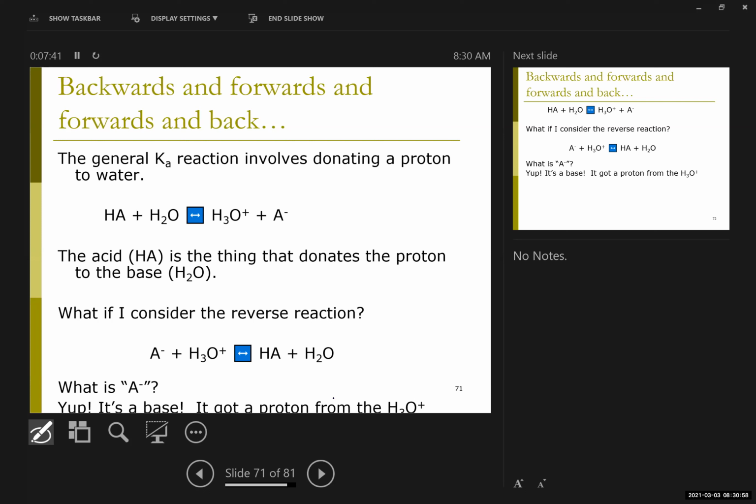And so I really have two acids and two bases. Again, they're technically termed conjugate. This is the conjugate base for this acid.